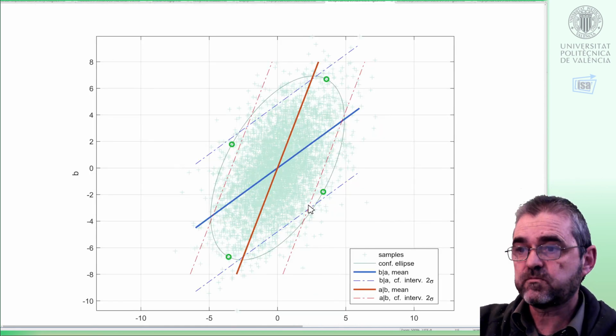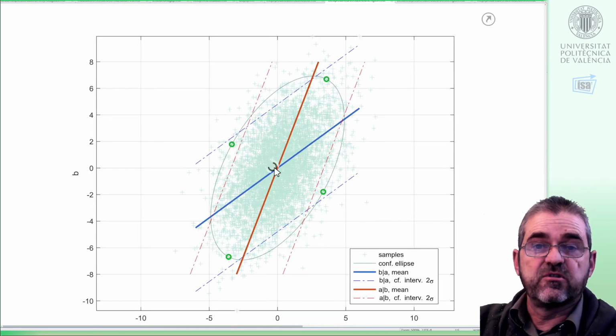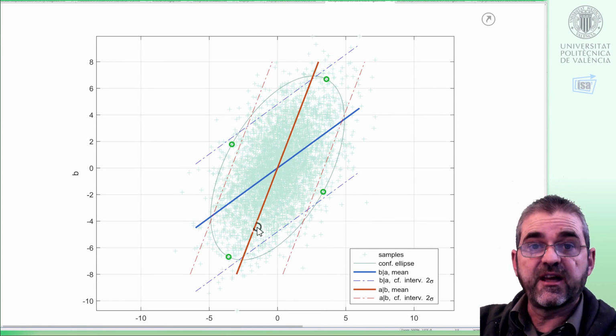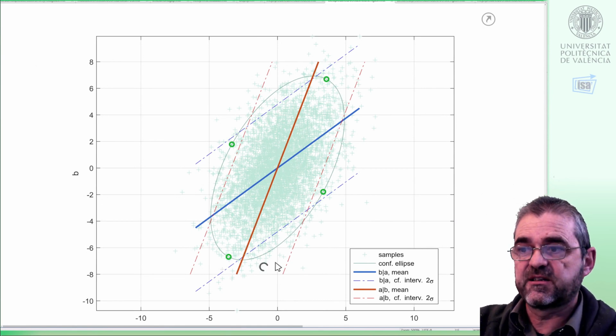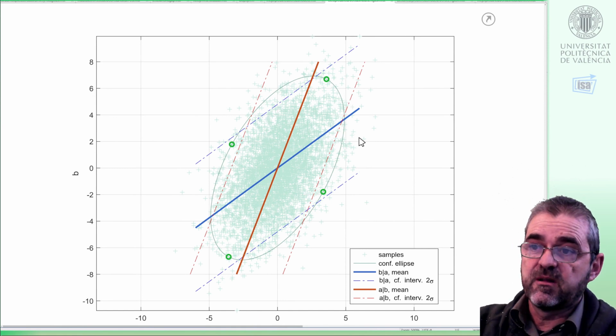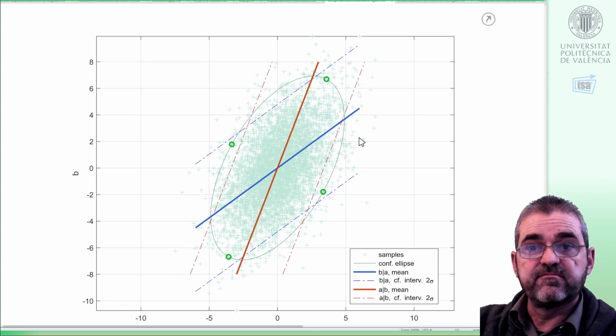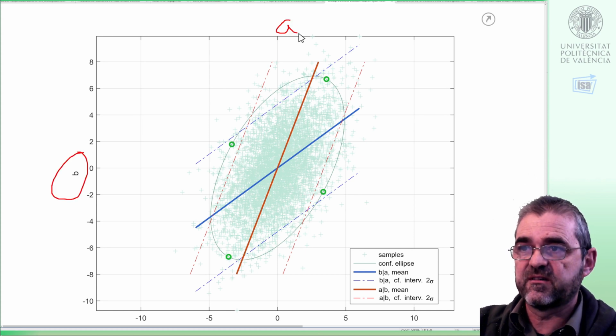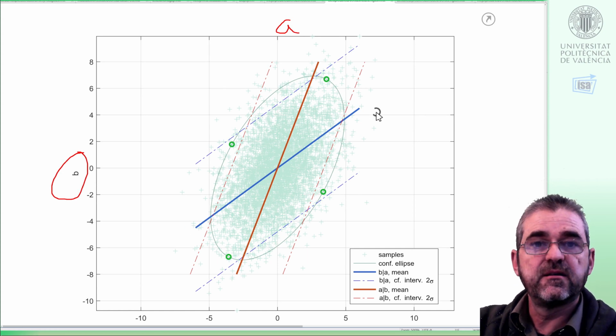This is it. The samples are light green crosses. 95% of them are inside this ellipsoid confidence region. The best prediction of B given A, which is in the horizontal axis, is the blue line.